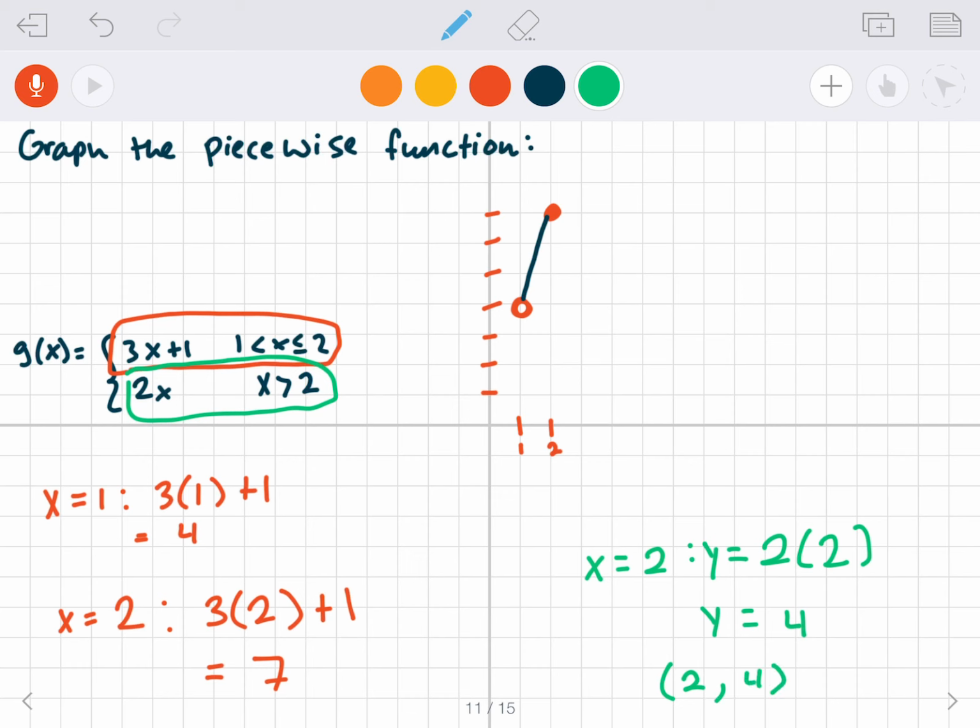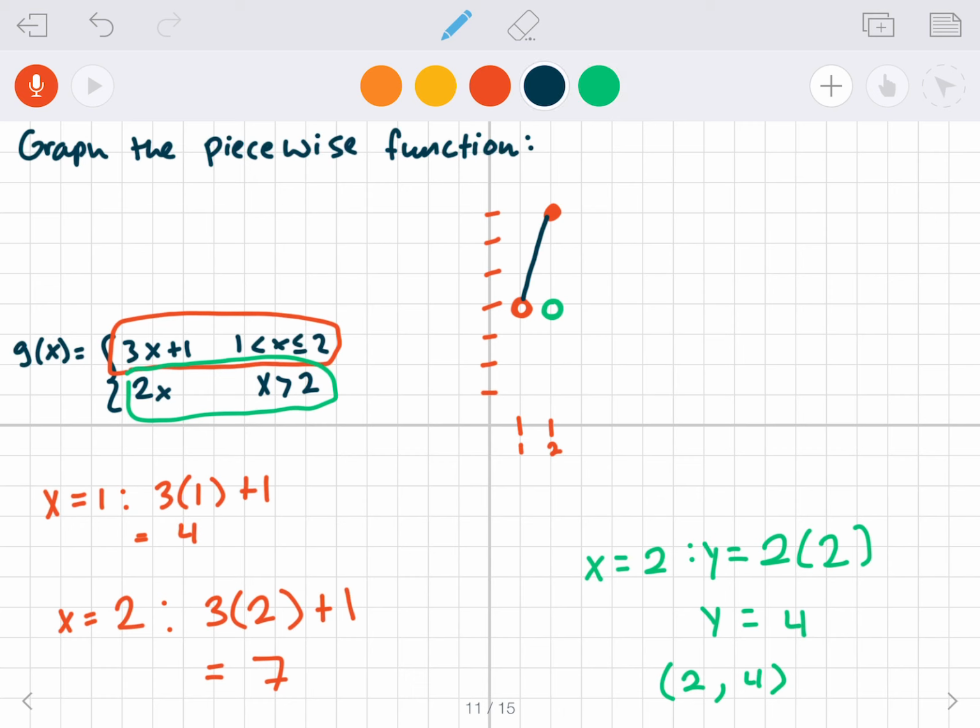So we have 1, 2, 3, 4. Okay, there we go. And so we need 2 points to define a line.